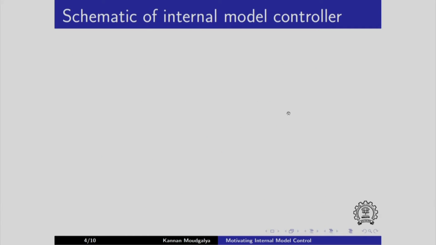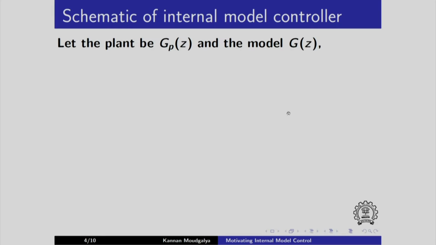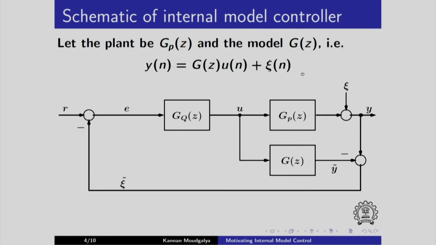Let us now see the schematic of internal model controller. Let the plant be GP of Z and suppose we model it as G. That is, the plant model is given here with C being noise. Here is the schematic.